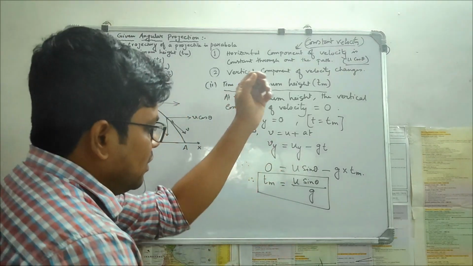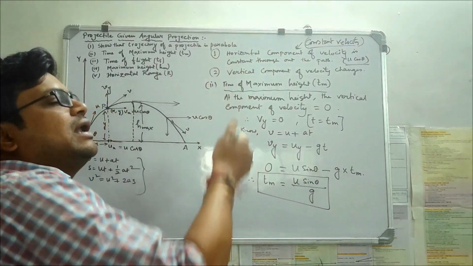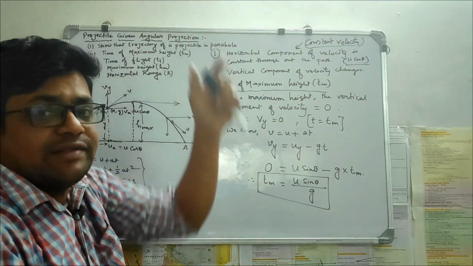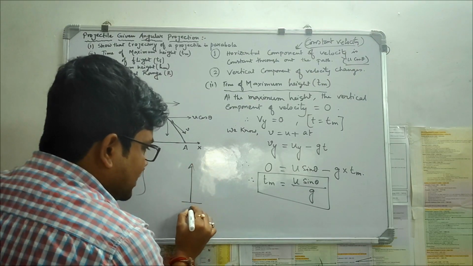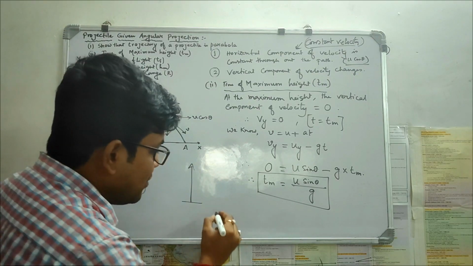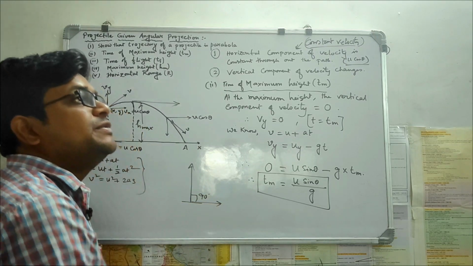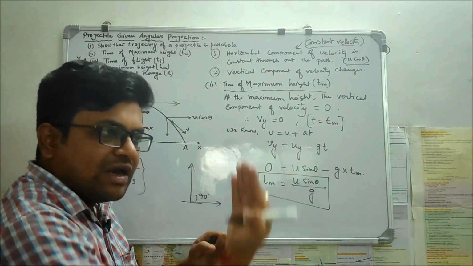Now when we throw an object vertically upward, how much time will it take to reach the maximum height? Do you know, when you are throwing an object upward, how much angle it makes with respect to the horizontal line? 90 degrees, because you are throwing the object upward, so with respect to horizontal it is perfectly vertical.